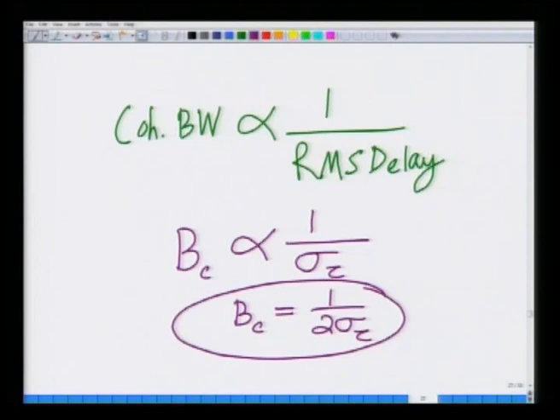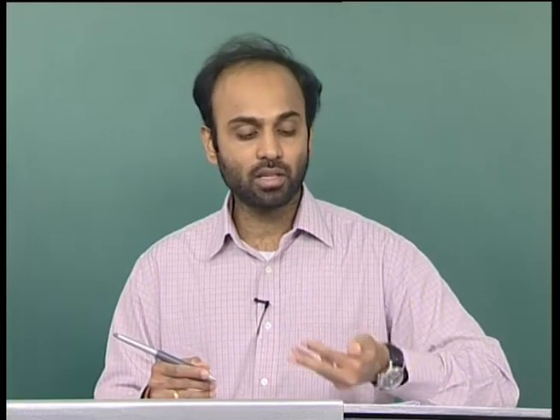Now, let us look at the last factor in this discussion of coherence bandwidth and delay spread, which is the most important factor, which is how does this all come together? What is the relation between this B c and sigma tau? We have looked at it in the frequency domain. Now, let us look at what that relationship is in the time domain.